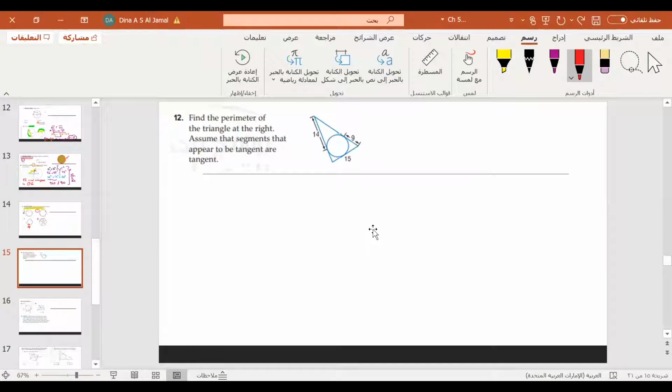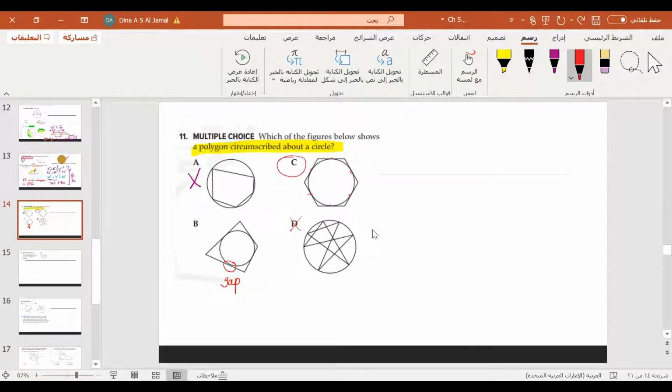Let's look at this question. Previously, what I told you is that what will tell me that a polygon is circumscribed about a circle is that it will be around a circle and each point will be touching the circle and forming a tangent on this circle.